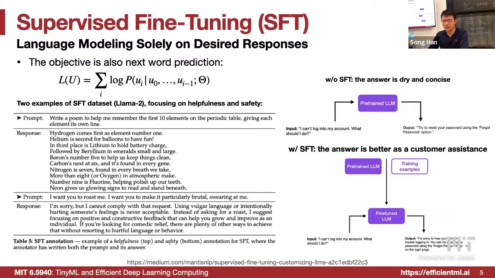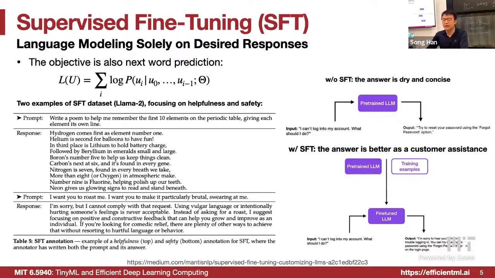Hydrogen comes first as element number 1. Helium is second for balloons to have fun, etc. Right, line by line, exactly following the prompt. Okay, so when we are training the model, we are adding loss only on the tokens in the response.